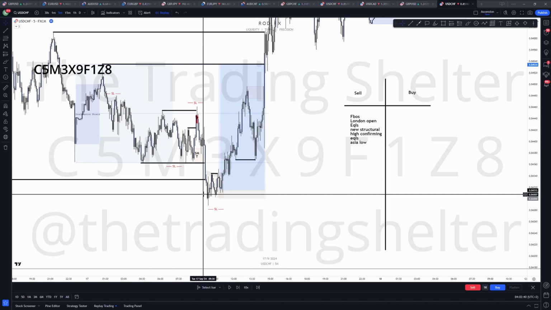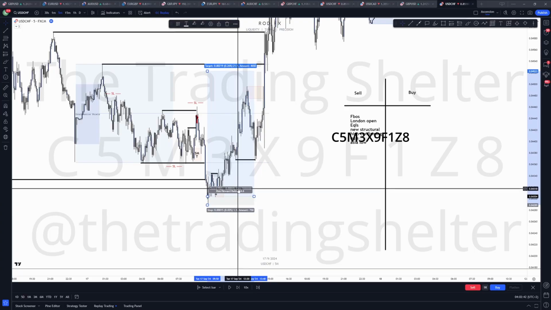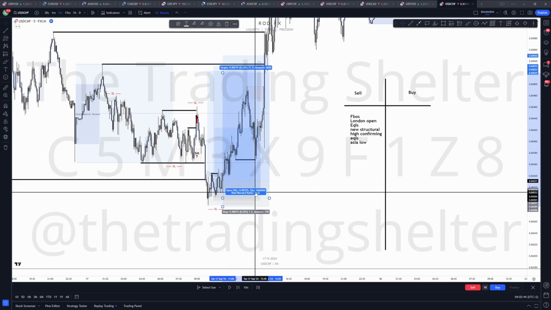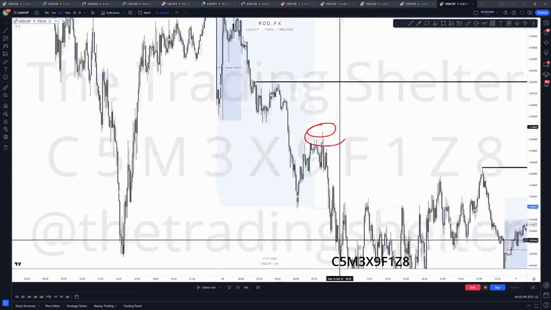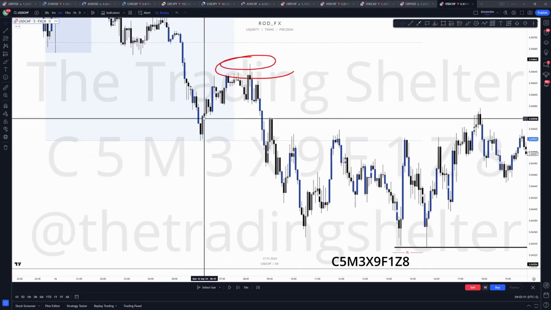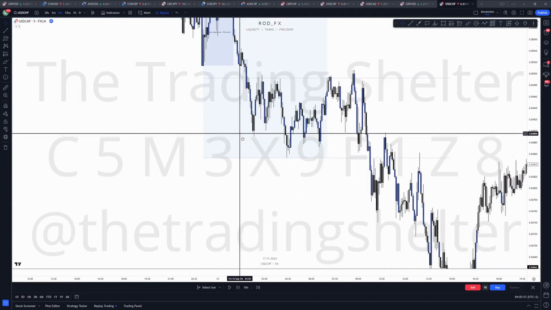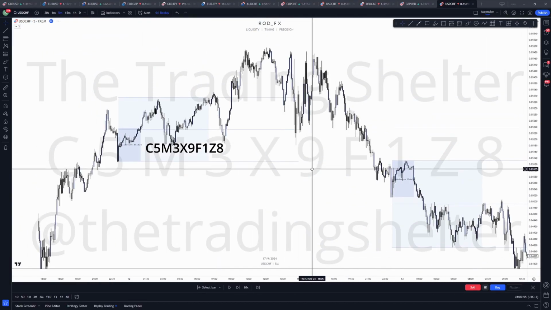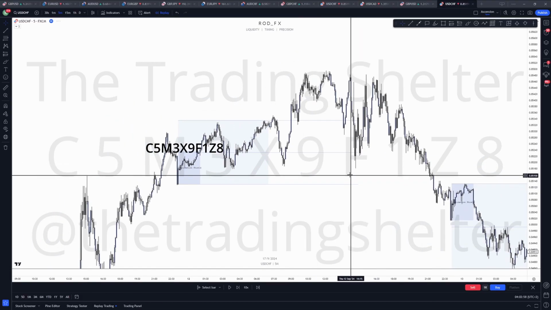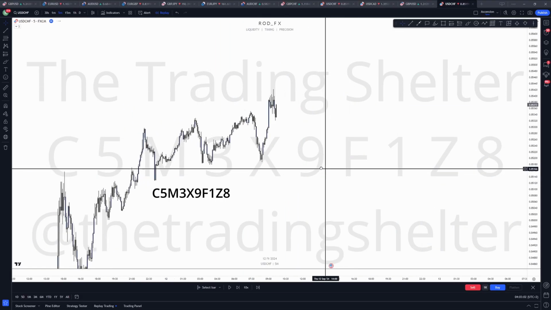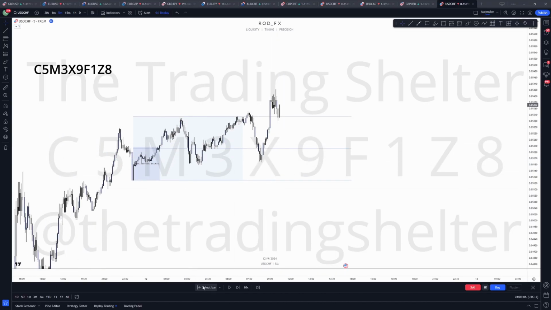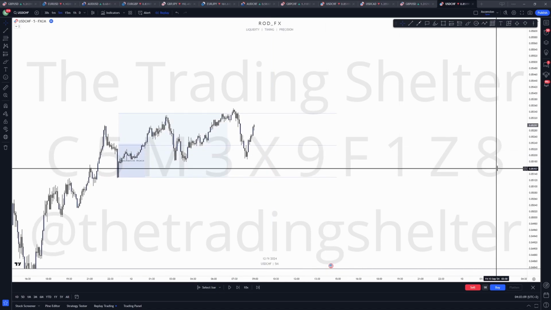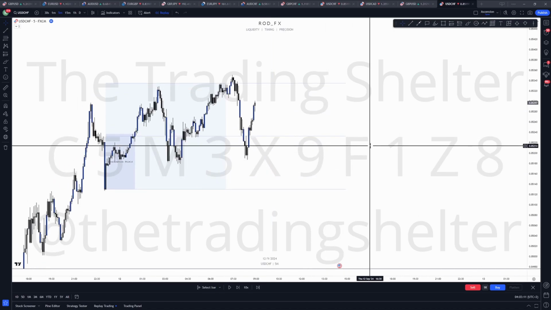When I take a loss, I'm not going to enter a second time and a third time, and this is where it goes downhill. How many times have you done this?